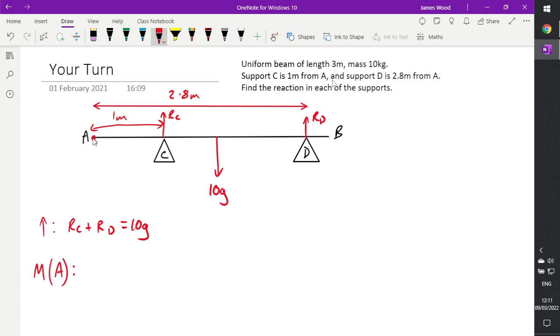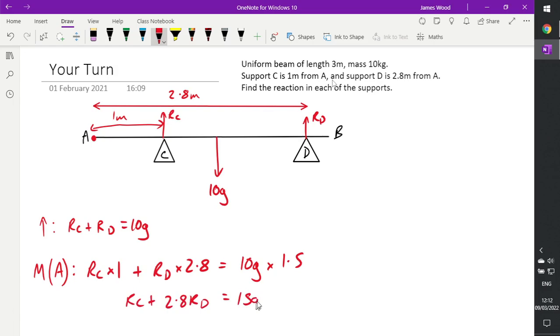If I do moments about A, then I've got RC times 1 plus RD times 2.8, because they're both trying to make it rotate anti-clockwise. They must be equal and opposite to 10g times this distance here, halfway along, which is 1.5. So I get RC plus 2.8RD equals 15g.